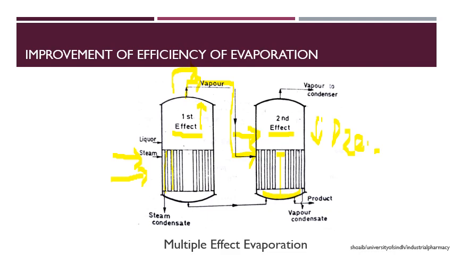But when they reach the second container, there will be a decrease in pressure, and the water will not require as much heat for vaporization. It will require much lower heat. So in this way, we can use the vapors from the first process in the second process as steam for heating the liquor.